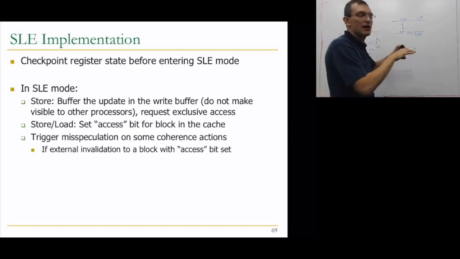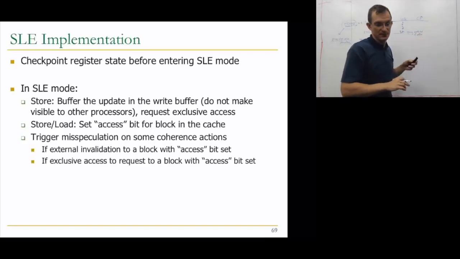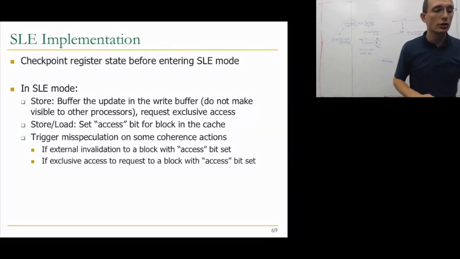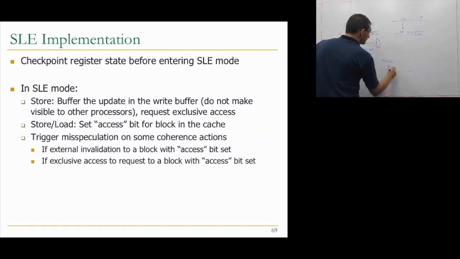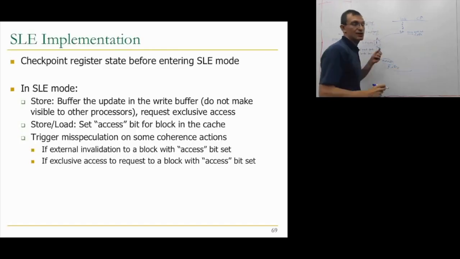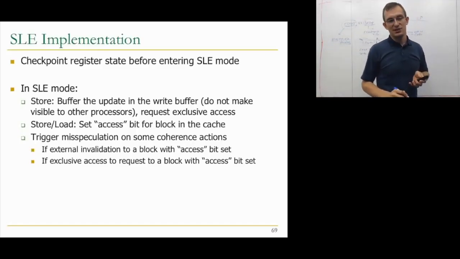Which means that there's a data conflict between two critical sections, or this critical section and other parts of the system, other parts of the code. Or if there's an exclusive access, not only invalidation, but also read exclusive. This is basically intention to actually write, to request a block with the access bit set, right? So that's the idea.